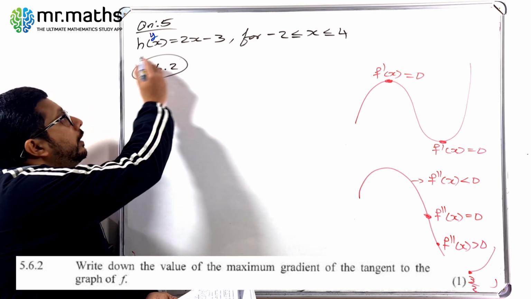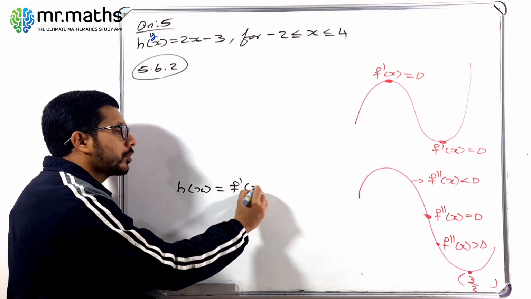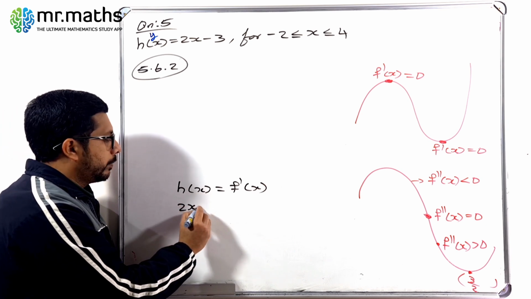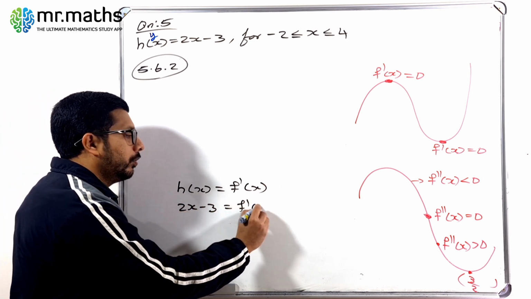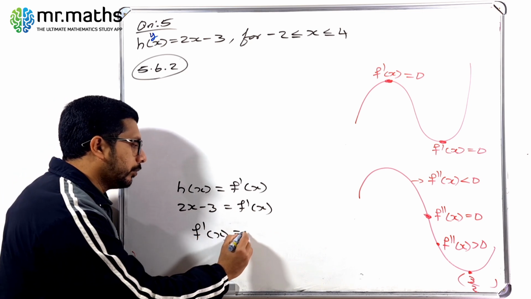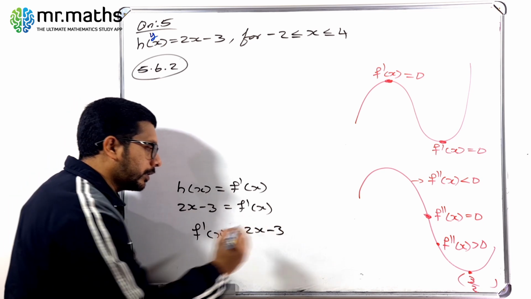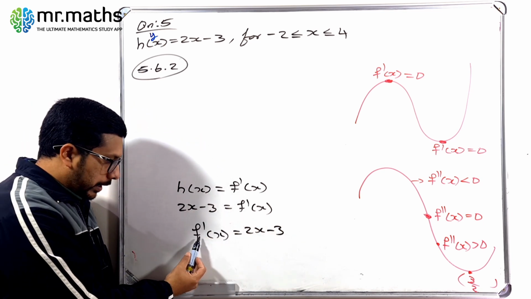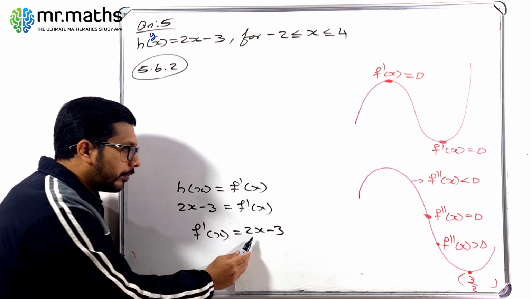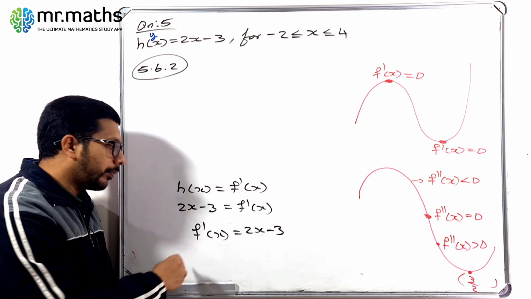We already said in the previous question that h of x is equal to f dash of x. So f dash of x is equal to 2x minus 3. That means the first derivative is 2x minus 3, a linear function. So what about the f of x graph?